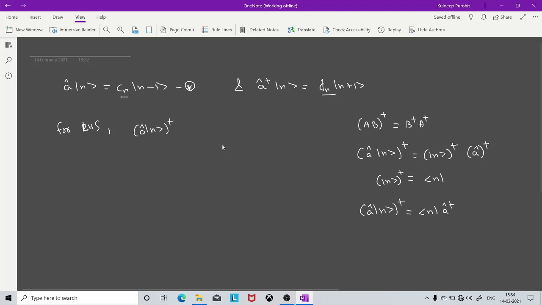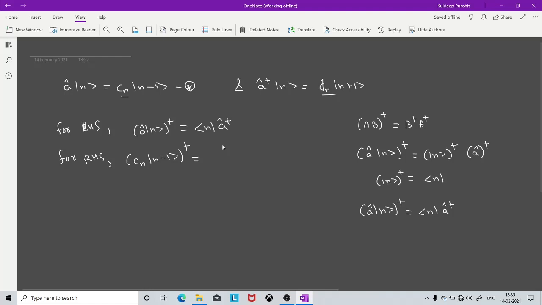So this can be written as bra n into A dagger, and for the RHS I have Cn into ket of n minus 1, and I have to take the Hermitian conjugate.